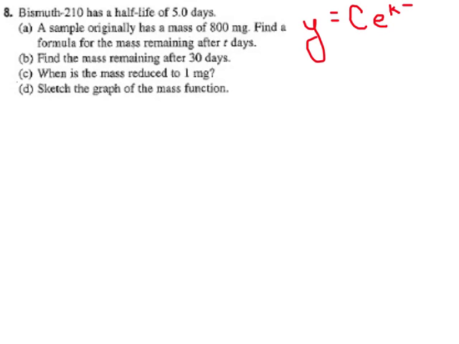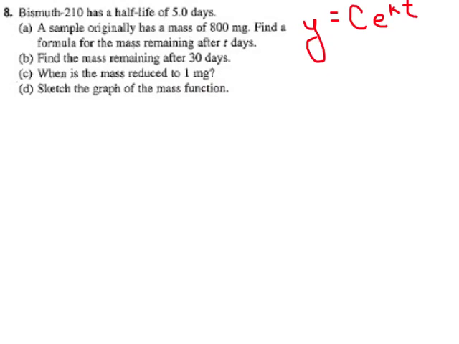If you come up with a couple of points, then you'll be able to solve for your two variables, which are your initial amount and your constant of proportionality. Then you'll end up with a function that is y equals a function of t, so you can answer any kind of questions. You can answer how much you have after 30 days, and then you can also answer questions the other way, like this one, when is the mass reduced to 1 milligram.